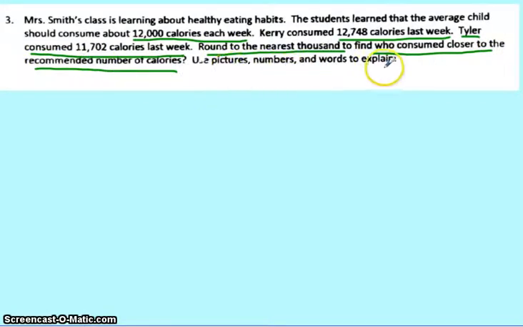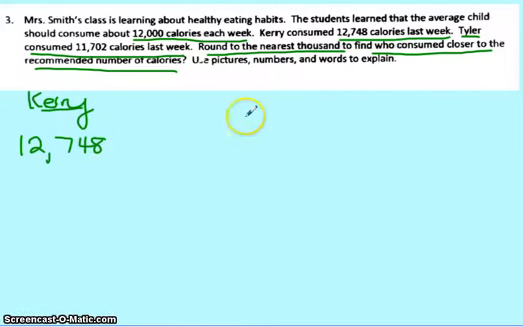Okay, we can use pictures, numbers, and words to explain. So let's look at Carrie first. Carrie's actual amount is 12,748. Then we also have Tyler, who ate 11,702 calories.